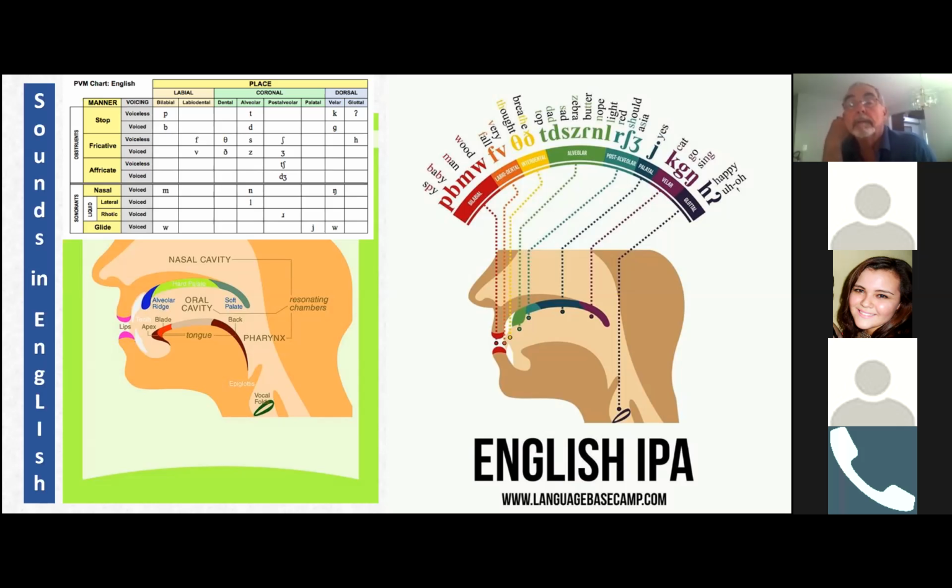When I make F, it's got a little hiss to it. When I make TH, it's got a little hiss to it, because I'm obstructing the air. The air is flowing either out the sides of my mouth or from the center of my mouth, depending on what sound I'm making, and I'm getting that hiss sound. That's what a fricative means, and that's where these sounds are coming from.